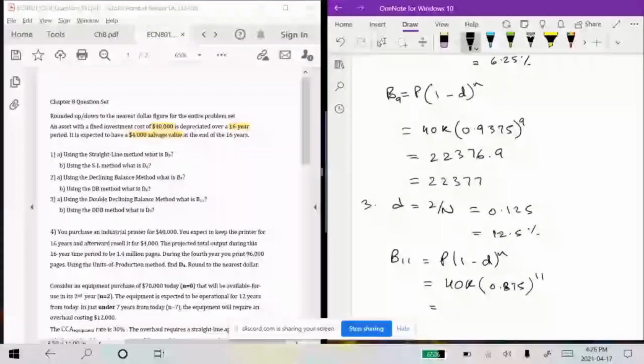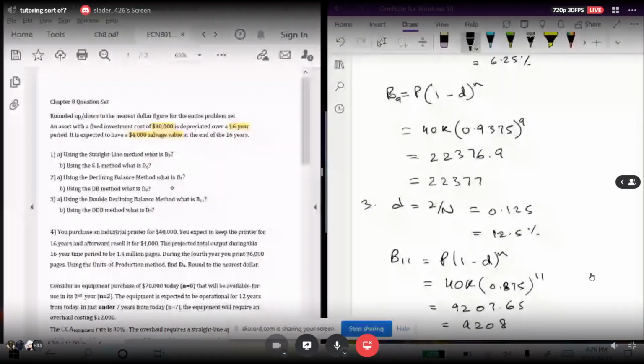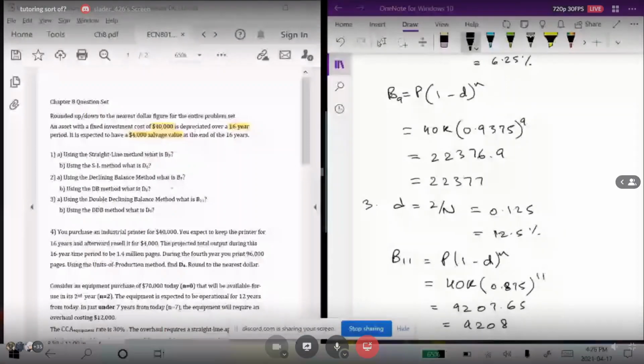This comes out to be 9,207.6, which is again 9,208. Am I doing this right? Let me just check. Chapter 8, right?